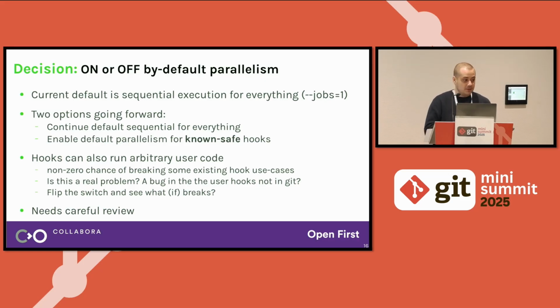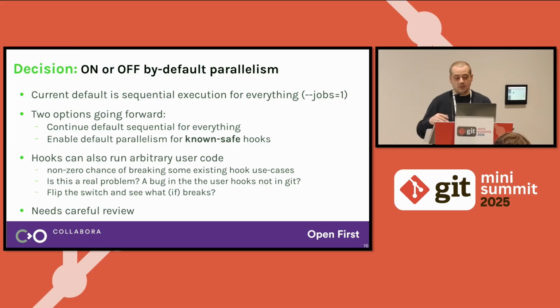Some hooks might be parallel by design. And there's also this problem that the hooks can contain arbitrary user code. So we don't know what data races they might have, and we might end up breaking some existing hooks by enabling parallelism. So maybe we should just keep it serialized by default and have parallelism as an opt-in.